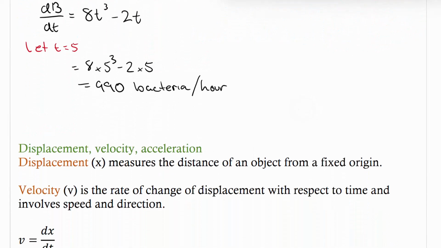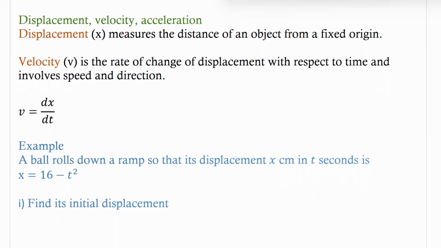Now, we don't always use it in this. We also use it in terms of displacement, velocity, and acceleration. If you don't know what those are, displacement measures the distance of an object from a fixed origin, so whether it moves forward, back, away, left, right. It's that measurement from a certain point.